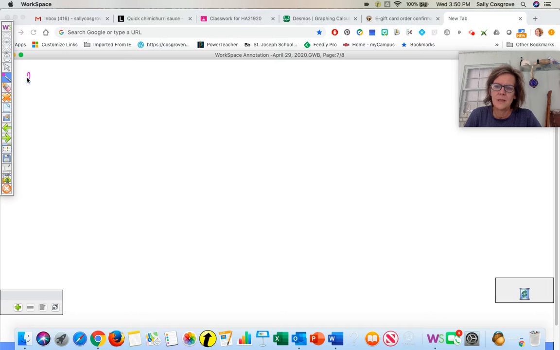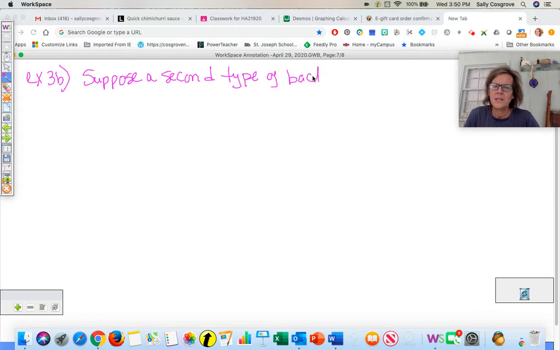So this is example 3B. And this is what scientists do sometimes. Suppose a second type of bacteria, and just like right now, when they're doing their studies on COVID-19, frequently they compare those to other known viruses that are similar.